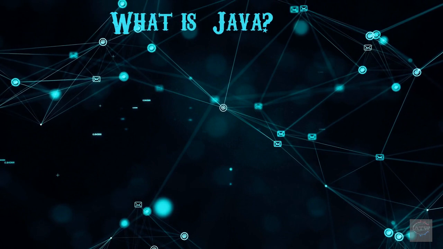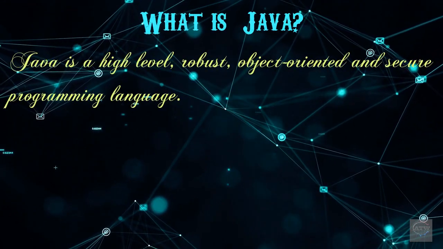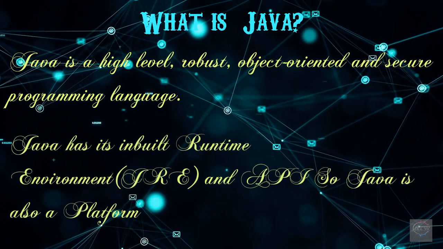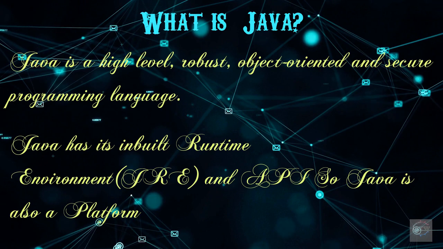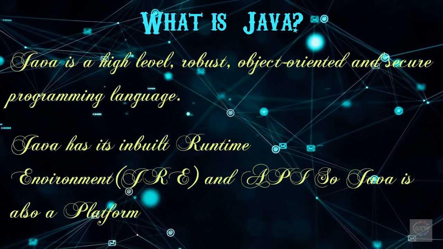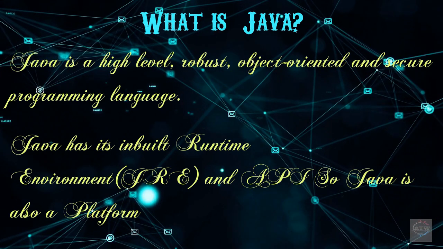So as we discussed already, what is Java? Java is a high-level, robust, object-oriented and secure programming language. Also, Java has its inbuilt runtime environment, JRE, and API.